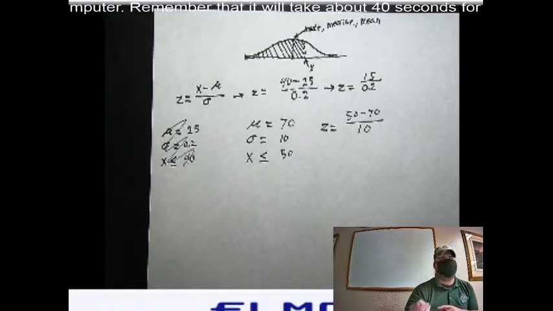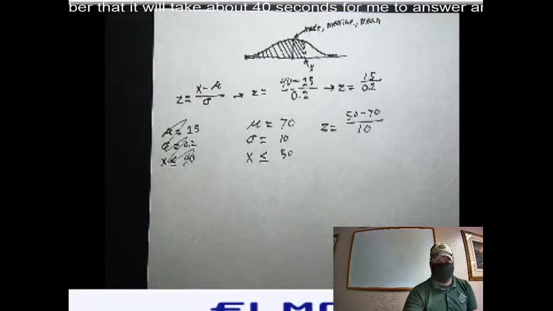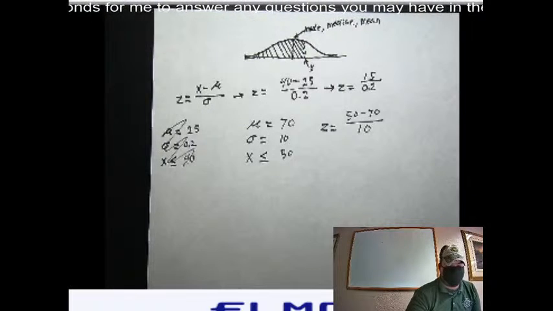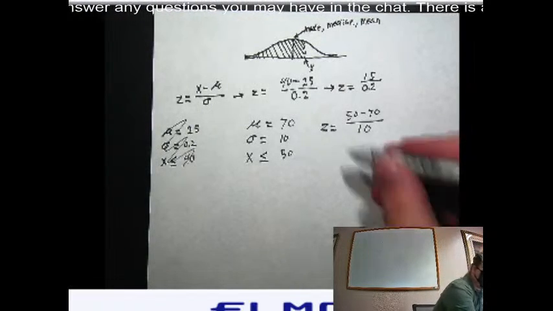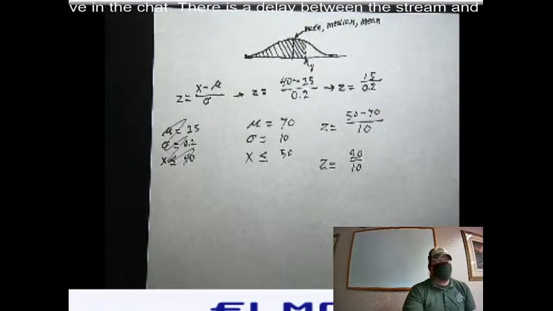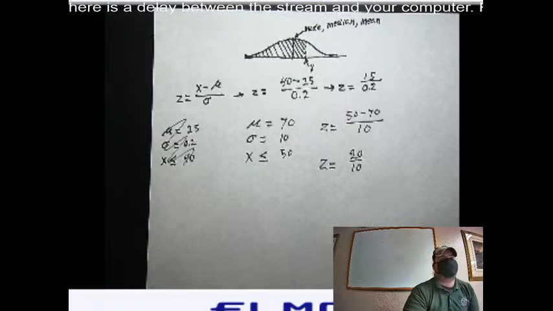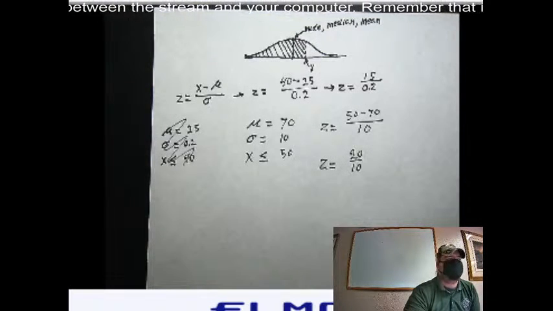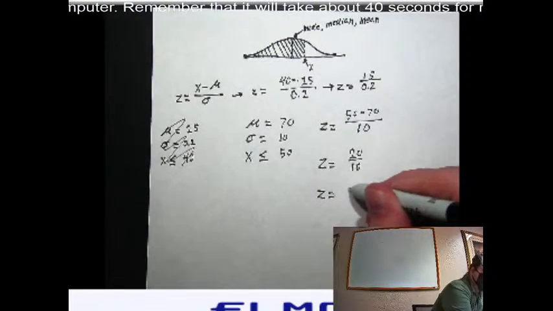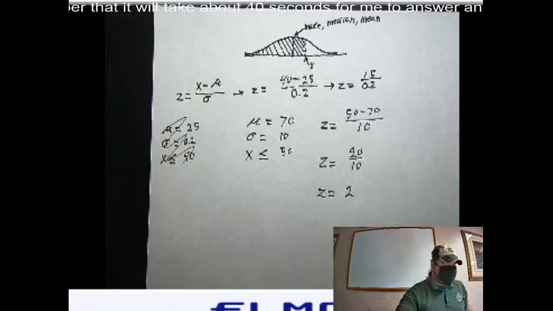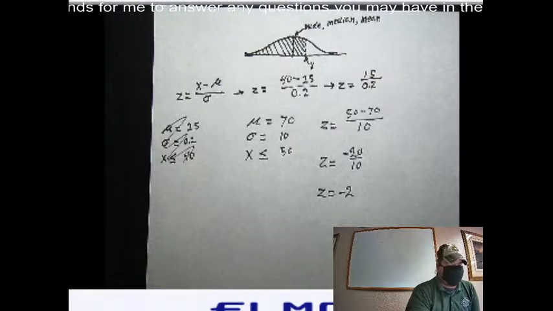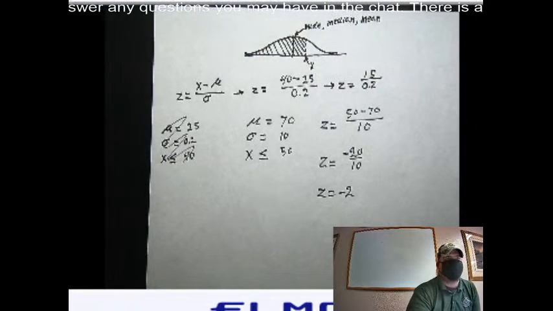So 50 minus 70 is going to be what? Positive or negative? Negative, yeah. And in fact, 50 minus 70 is negative what? 20, yeah. So now we have z equals negative 20 over 10. Okay. So what is 20 divided by 10? 2. Yeah. Now that makes a lot more sense. Oh, whoops, that should be negative. Okay, so we get a z-score of -2.